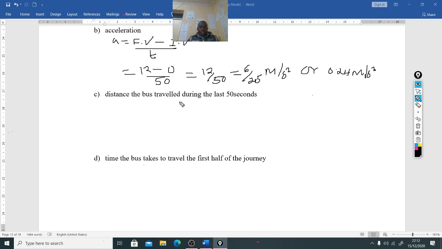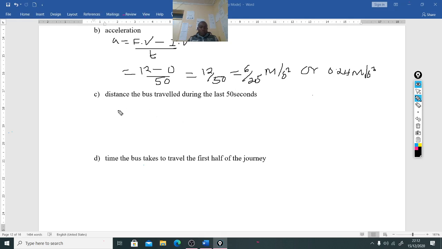Then the distance traveled during the last 50 seconds. Remember the velocity from the beginning to that point is 12. The last triangle has 100 seconds, so in 50 seconds, we shall have halfway, which is 6 meters per second.